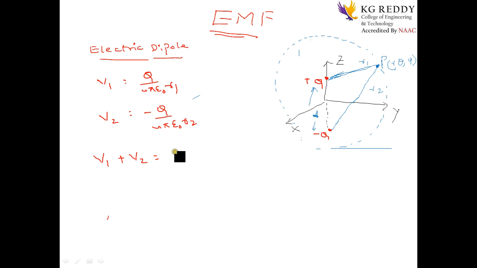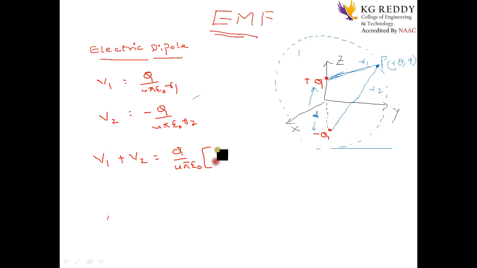Hence the total absolute potential can be given as V1 plus V2. I am going to add these two equations, so finally you will get Q by 4 pi epsilon. Remember, I am taking epsilon naught because I am assuming that the medium is air. Otherwise you can take epsilon equal to epsilon naught into epsilon r. Epsilon naught represents the permittivity of free space or vacuum.